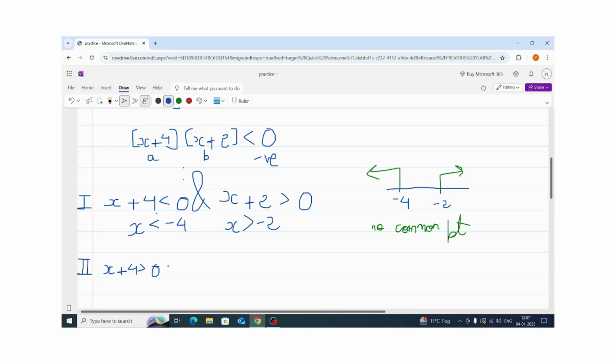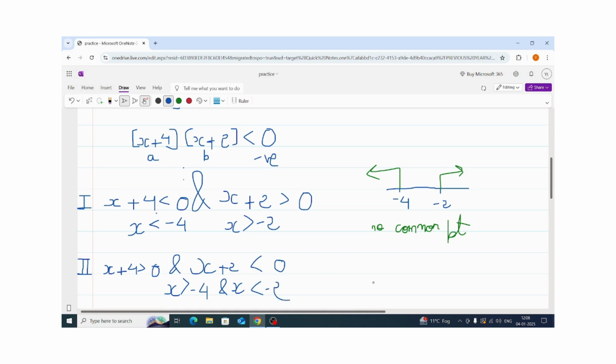This is 0, okay, in case you get confused. And x plus 2 is less than 0. This gives me what? This tells me that my x is greater than minus 4 and my x is less than minus 2.